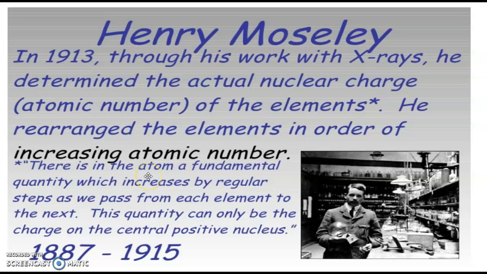There is in the atom a fundamental quantity which increases by regular steps, as there is a continuous increase in the atomic number. He framed this around 1887 to 1915.